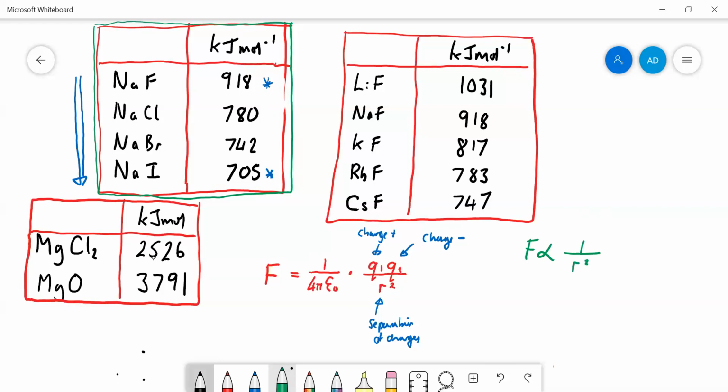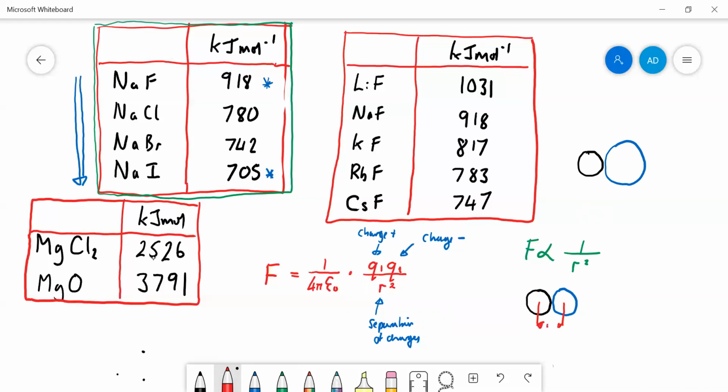So if I draw sodium fluoride here, and sodium iodide up here, what is R? R is this distance, from the midpoint of the sodium to the midpoint of the fluoride.